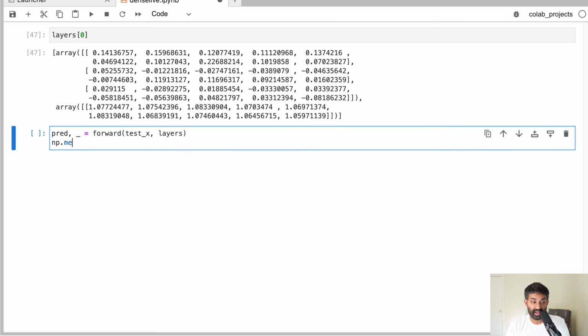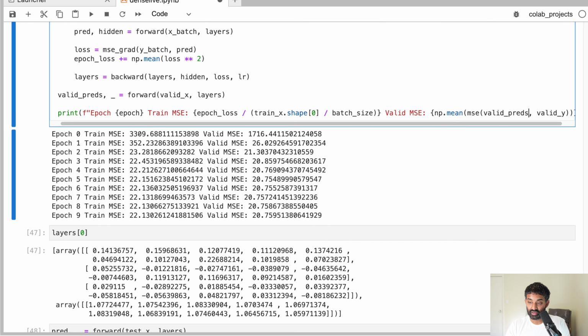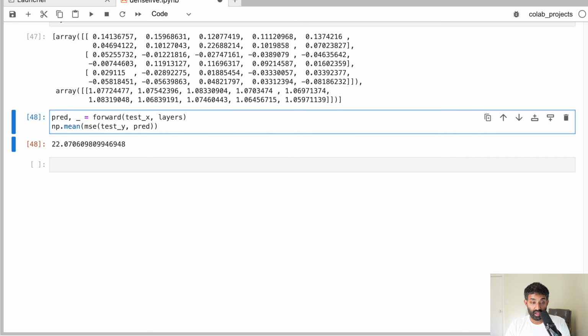And then we can print out the mean squared error between test y and pred. In the mean squared error function, the order doesn't matter. In the mean squared error grad function, the order does matter. So you may have noticed I used a different order here and here. And we can get our mean squared error across the test set, which looks pretty good.